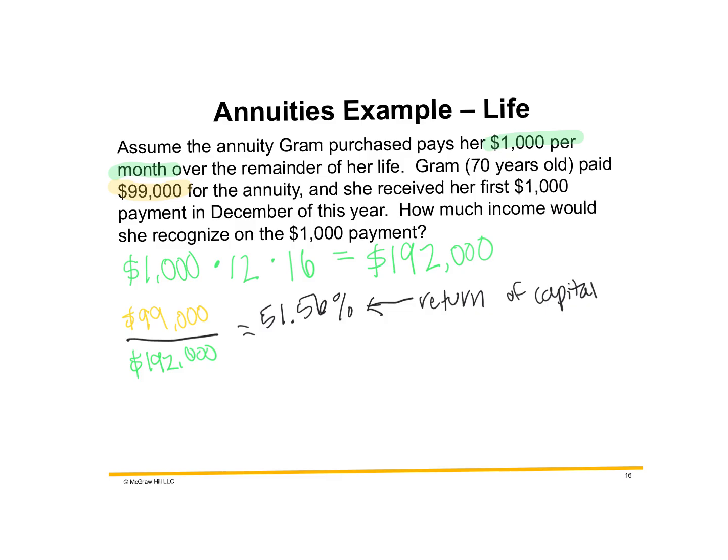So then if we take our $1,000 monthly payments and then multiply that by 51.56%, that gets us a return of capital payment of $515.60.